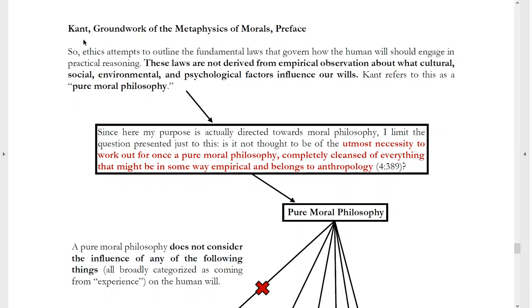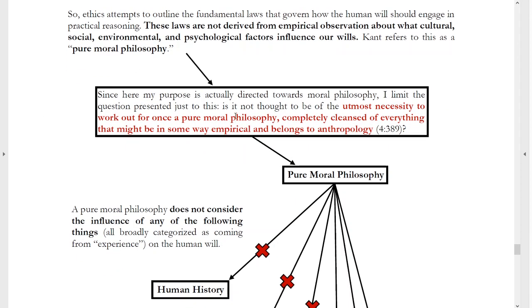So Kant says in the preface, "I limit the question presented just to this. Is it not thought to be of the utmost necessity to work out for once a pure moral philosophy, completely cleansed of everything that might be in some way empirical and belongs to anthropology?" So he wants to have this pure moral philosophy.